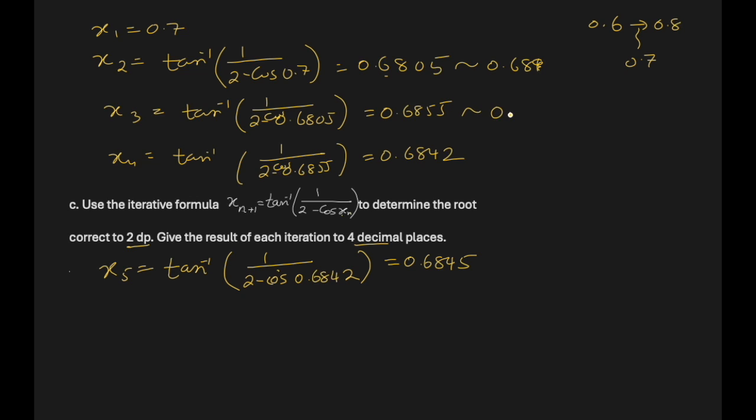This one is 0.69, this will be 0.68, and this is also 0.68. So 2 consecutive roundings are exactly the same. So our answer is the root is 0.68.